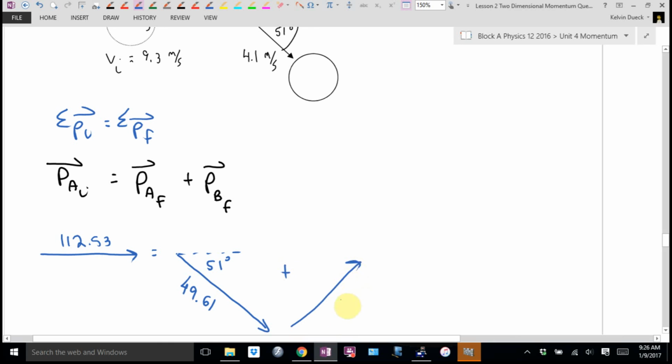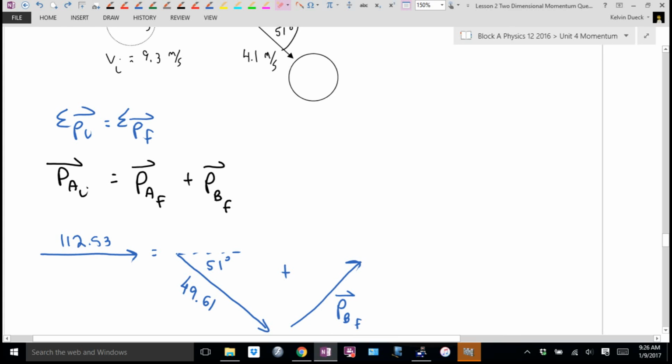Momentum of object B, I don't know, but I know it looks like that. Robbie, see the two vectors that are on the right-hand side being plussed? How can I add those together? And I know that the resultant is going to be a nice straight line because that's the incoming. That's where it all came from. I'm going to draw my big vector triangle here. I do encourage you, draw your triangles fairly big.